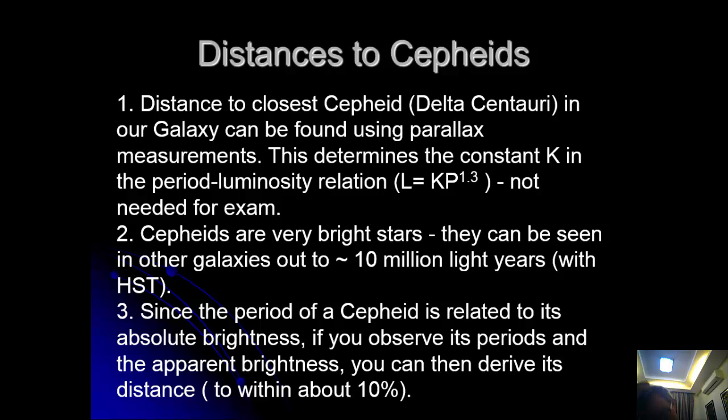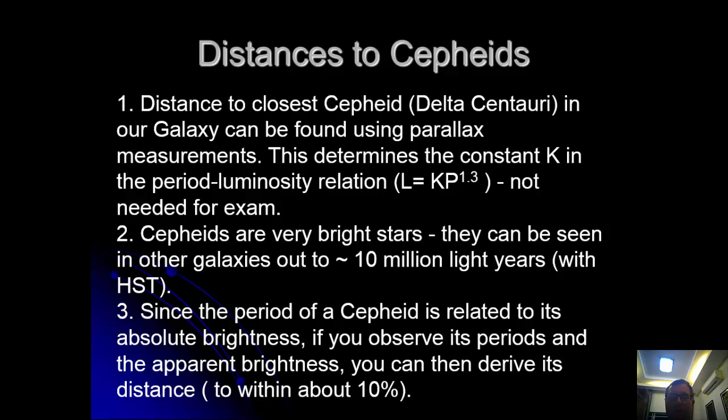Now, this is really great news because Cepheids are very bright stars. They can be seen standing out in other galaxies, and they can be picked up to a distance of 10 million light years away with the Hubble Space Telescope. So where we had some issues with working out distance with parallax, we can use Cepheids to work out the distance even to other galaxies.